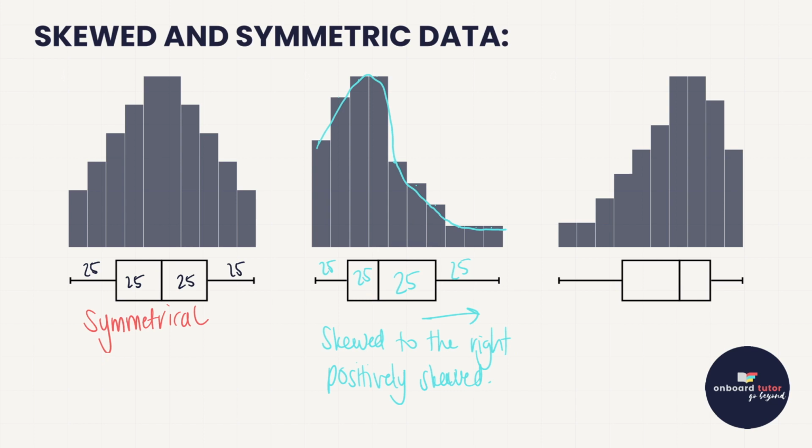Right, and then finally, the opposite of that, if I were to draw a frequency polygon here, it would look something like that. Okay, and so the long tail is now on the left-hand side. So this 25% of people here is far more spread out than this 25% represented there in the upper quartiles.